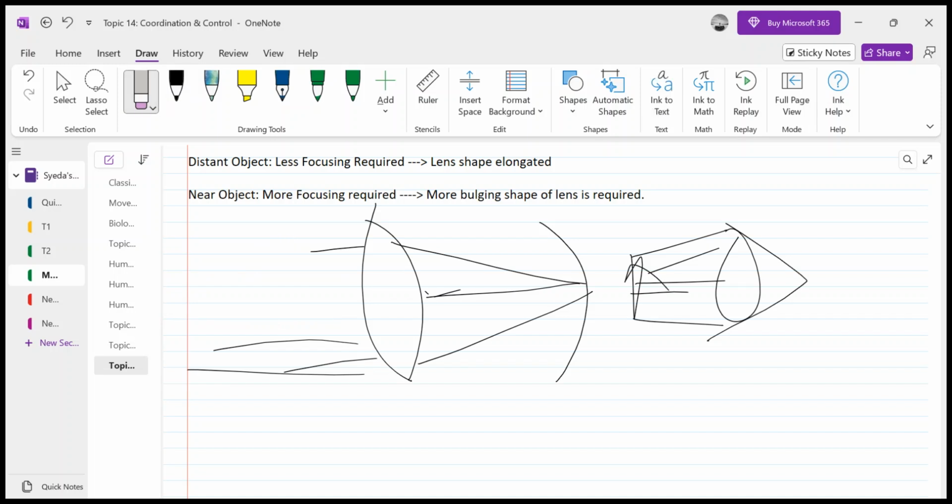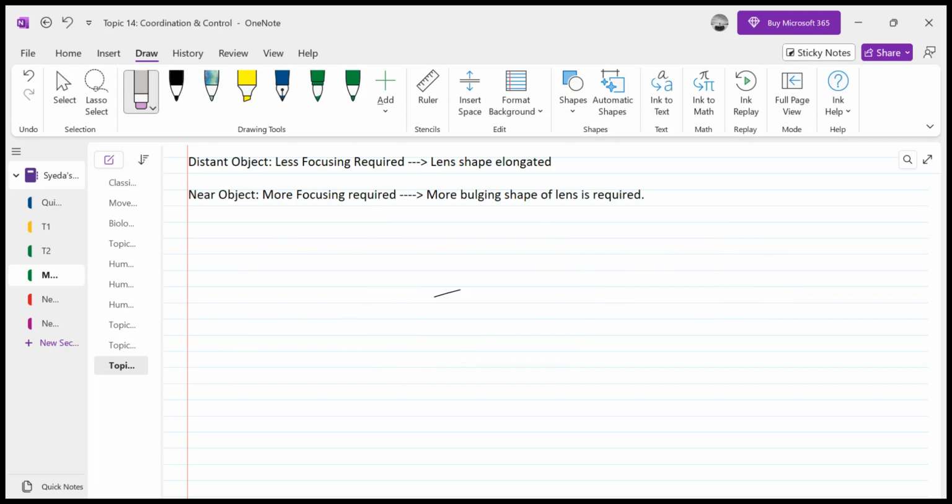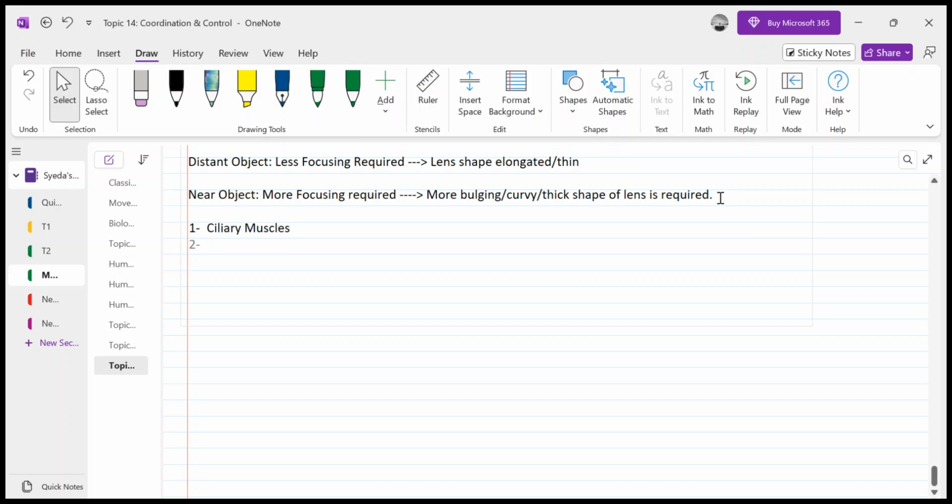So what I was saying, the events that take place to make this lens shape elongated or thin, or here you could say bulging, curvy, or thick. The events that are required to make the lens shape different involve two associated structures: one is the ciliary muscle and the second is the suspensory ligaments.